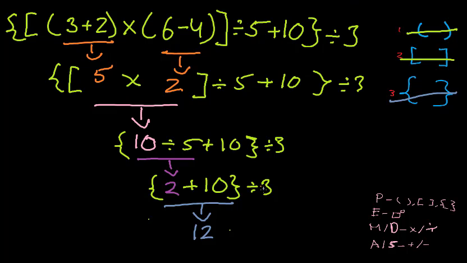Now all I have to do is just bring down the rest of the numbers. And the only thing I have left to bring down is the divide by 3. And this is all that we have left to solve. So now if we did 12 divided by 3, we would get an answer of 4. And this would be our answer.